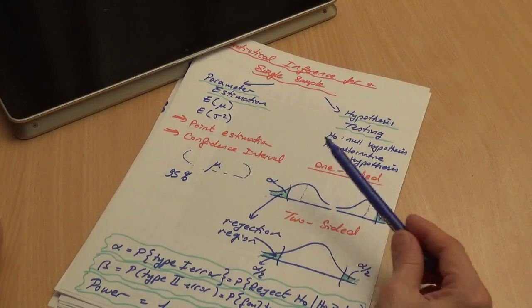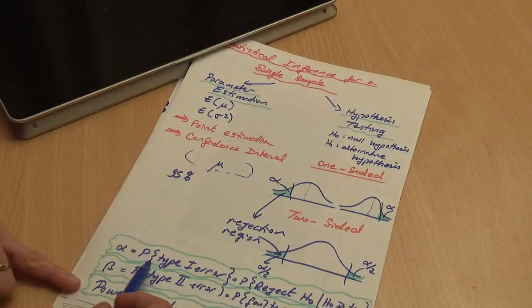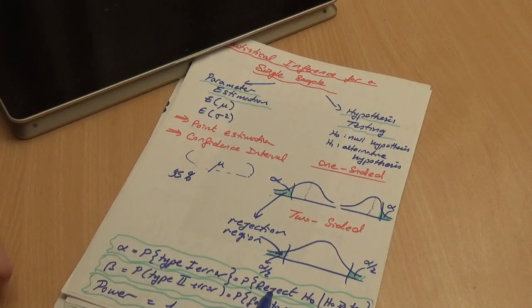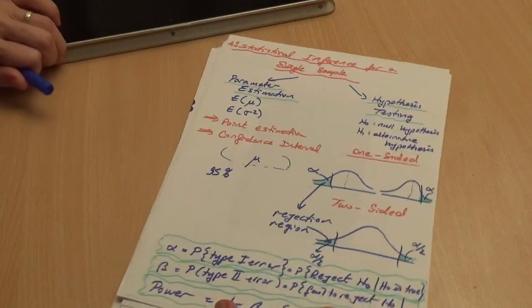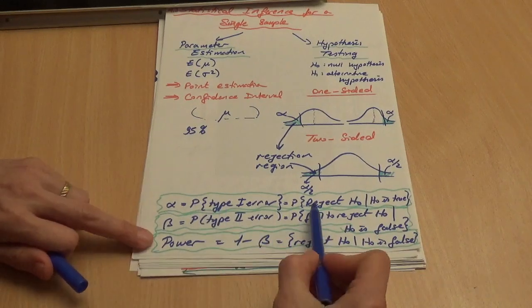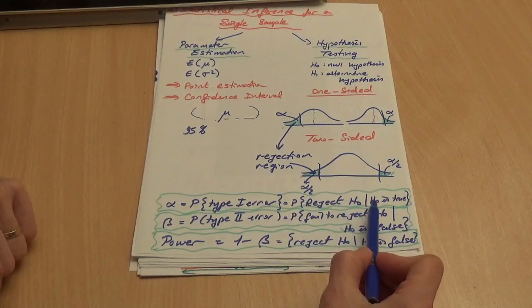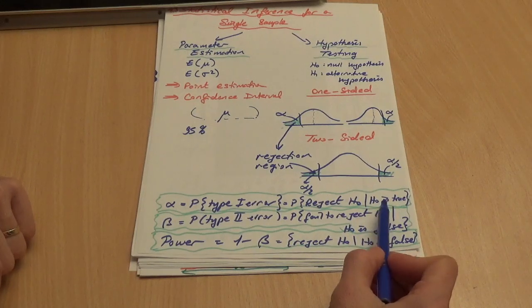This alpha value is actually, we wrote here, rejecting null hypothesis when H0 is true.